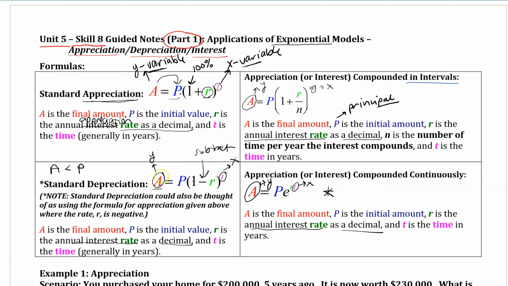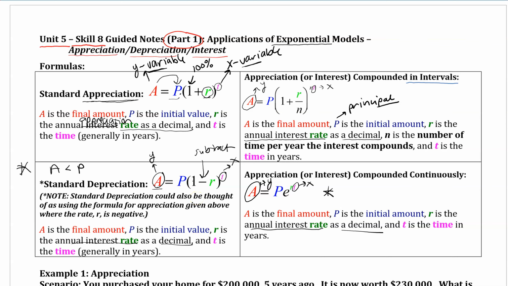And after so much time, we can see, okay, this value has gone down to whatever it's gone down to, but it's less than the initial amount. So this is the only formula where your final amount will actually be less than your initial amount, because it's the only one where you're actually taking something away from 100%.